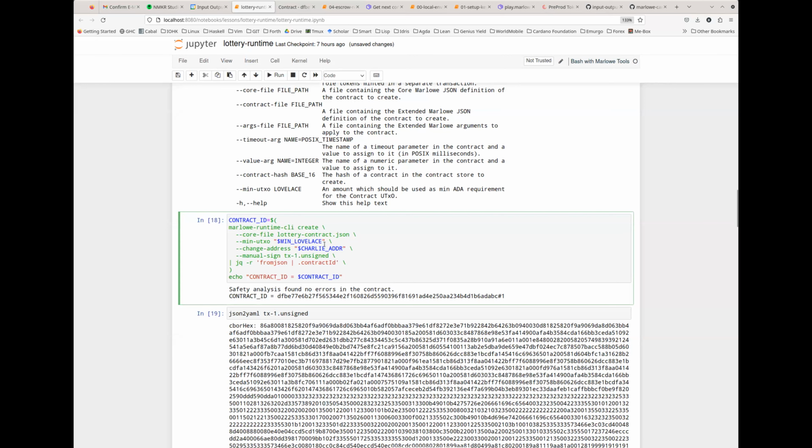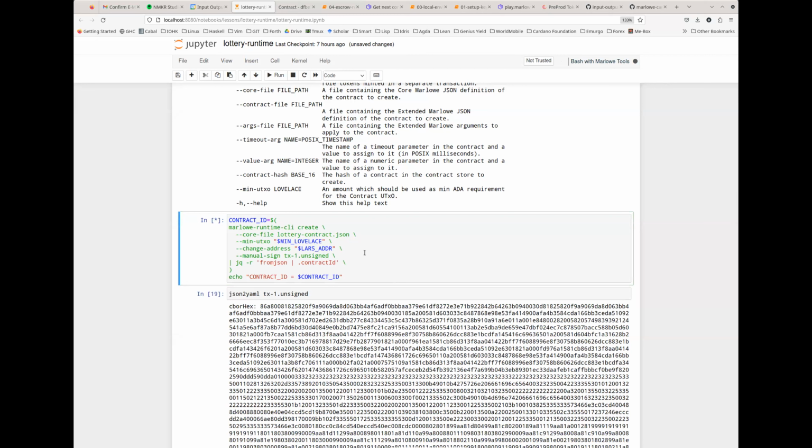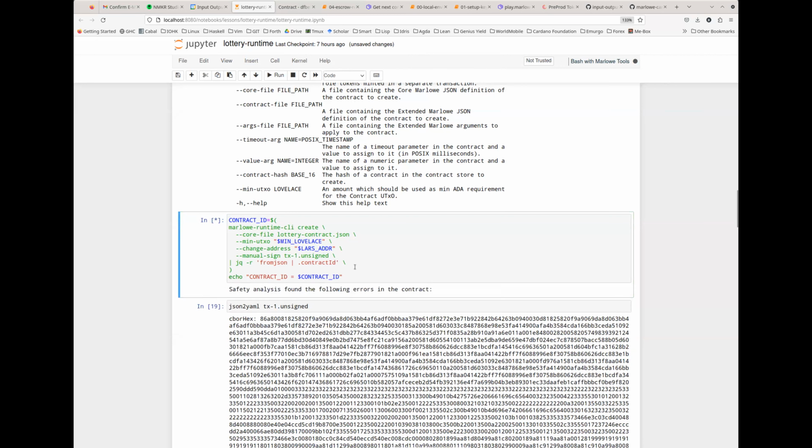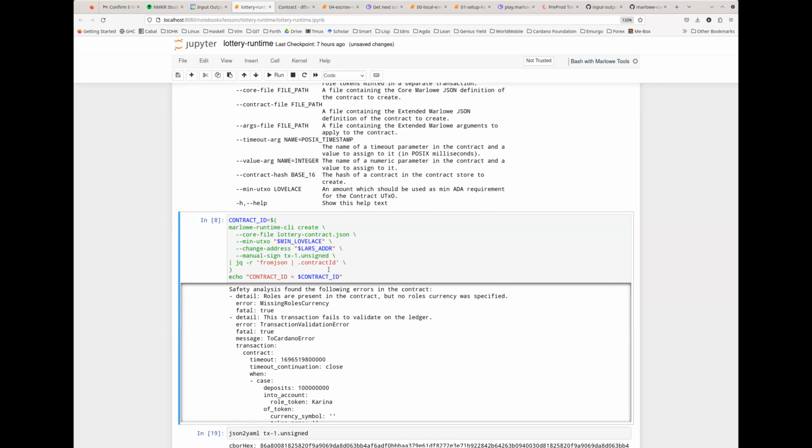So I can specify that, and seeing as I do this now, I take my address as change address. This just means I will have to sign the transaction by hand afterwards. And this is some bash magic. This will now result in an error anyway. I just wanted to demonstrate that. It does. Okay, so now it complains that roles are present in the contract, but no roles currency was specified.